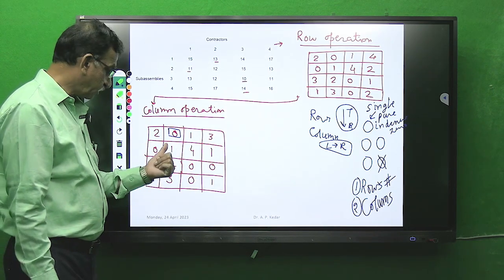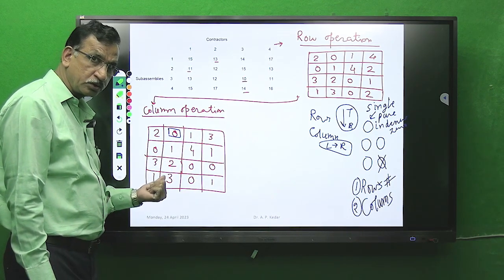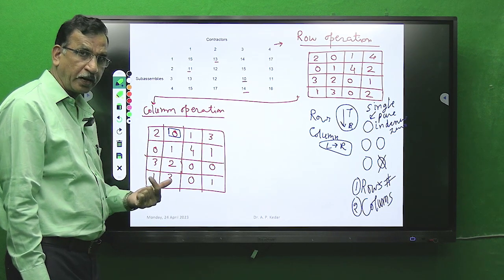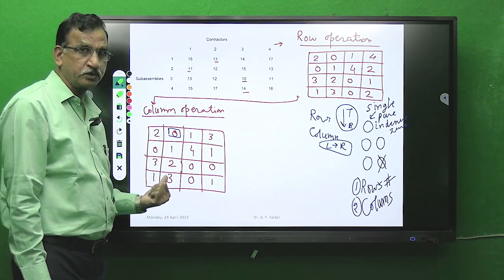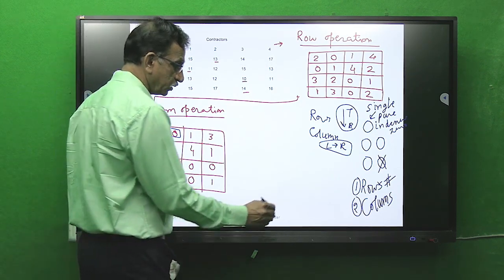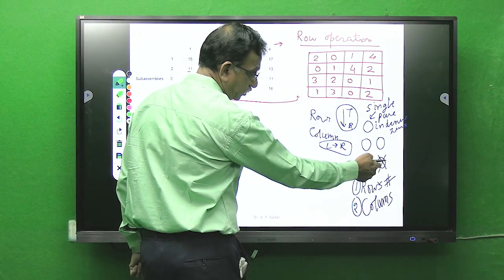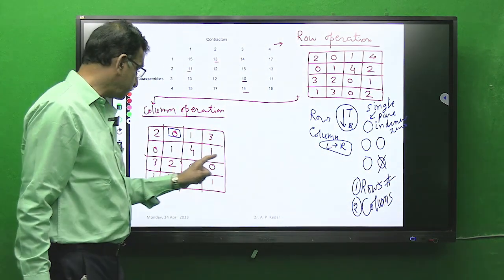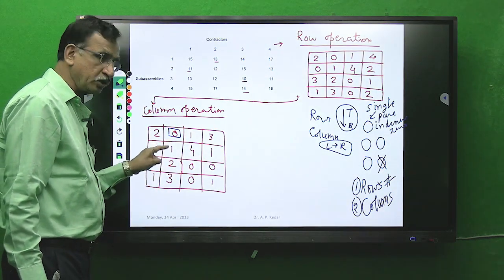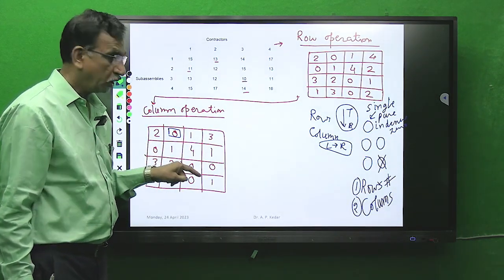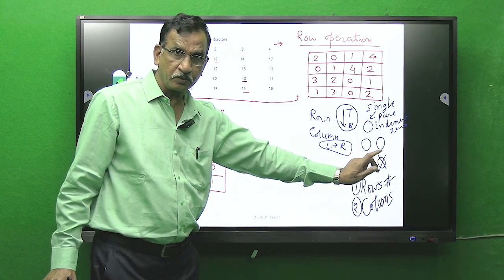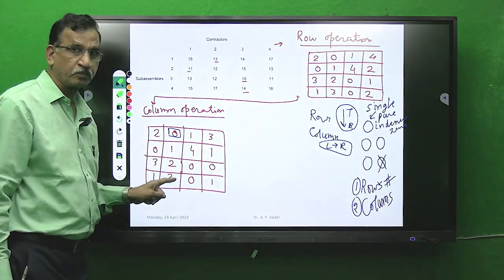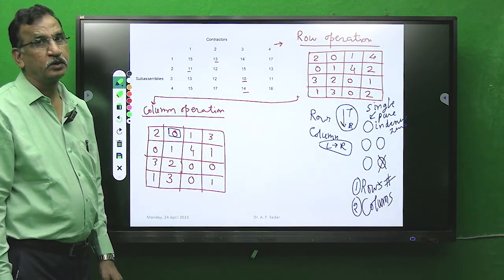Would there have been any 0 in this column, I would be required to cross off that 0. Crossing 0 means it is like this. This is a crossed 0. If any 0 existed here right now, I would have crossed it like this. Since there is no 0, there is no need to cross off.